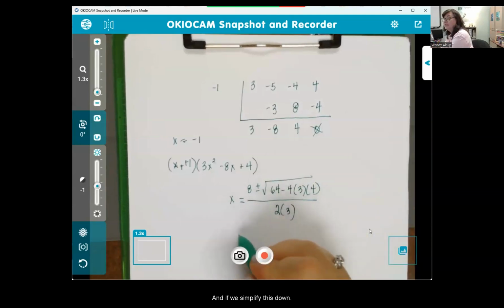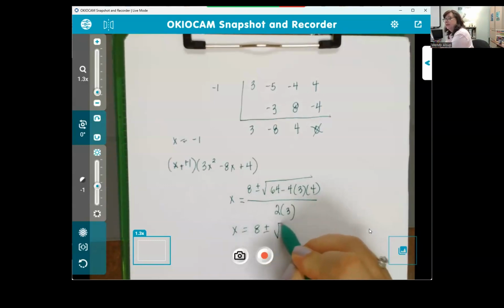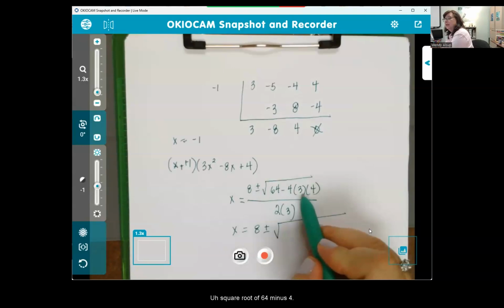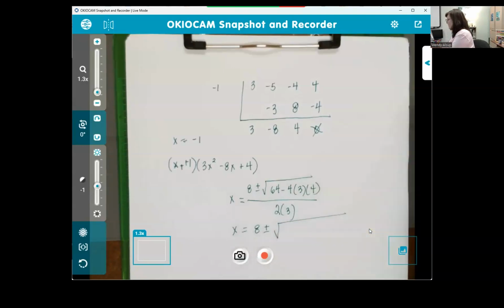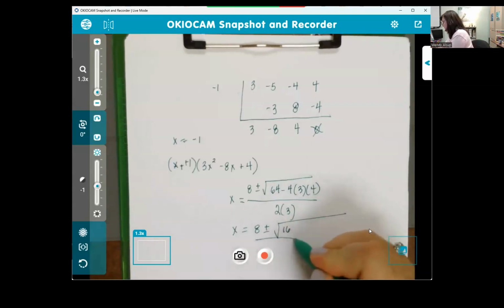If we simplify this down, we get 8 plus or minus the square root of 64 minus 48, all over 6. That's the square root of 16.